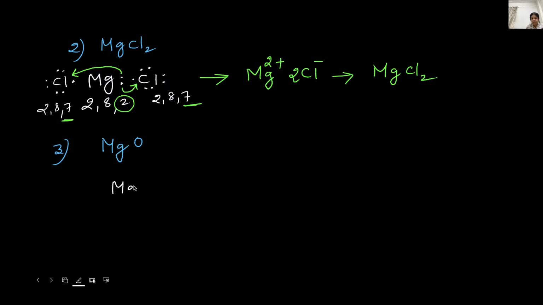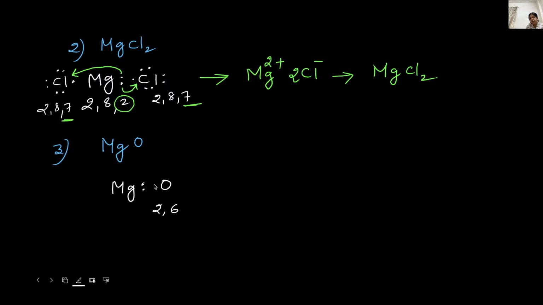Magnesium oxide, students: the magnesium atom will carry 2 electrons in the outermost shell, and the oxygen will carry how many electrons in the outermost shell? Because the atomic number of oxygen is 8, the electronic configuration will be 2, 6.